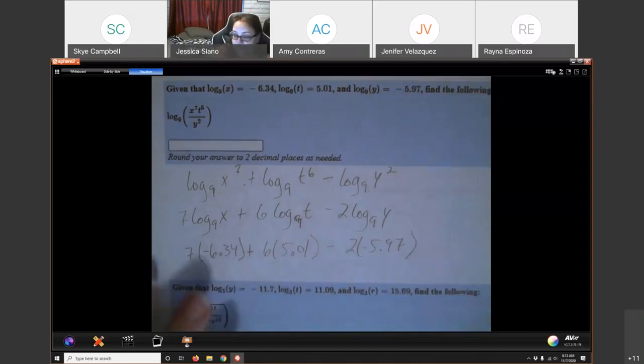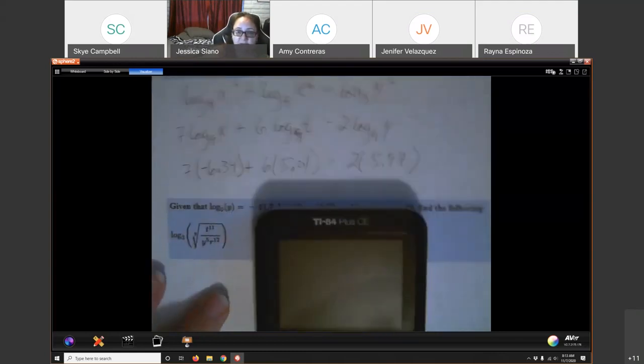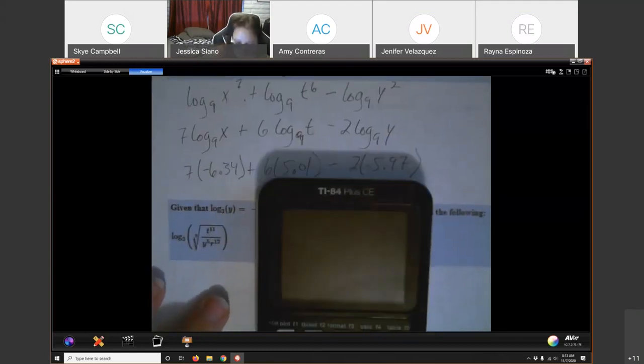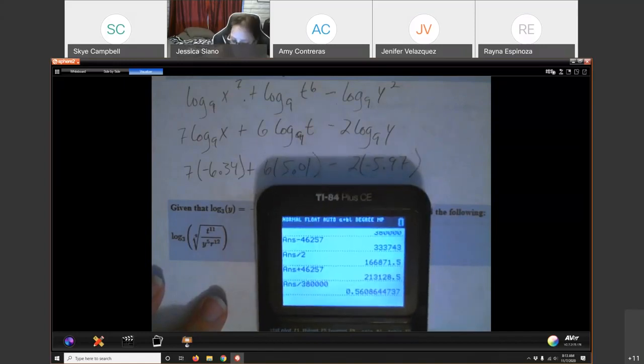And now this is a calculator problem. Where'd my calculator go? I just saw it. So I have 7 times negative 6.34, 6 times... Ooh, I forgot my addition sign.